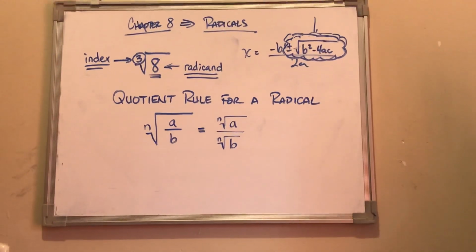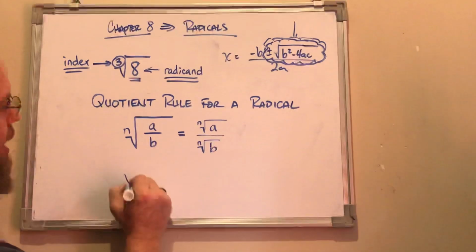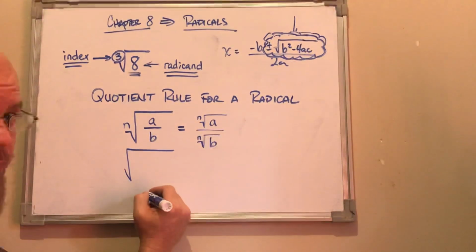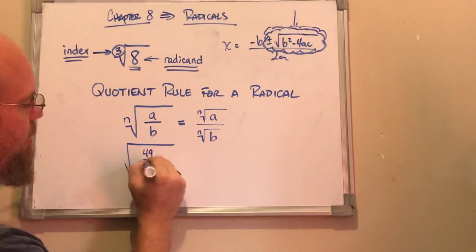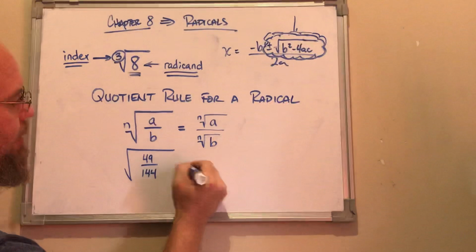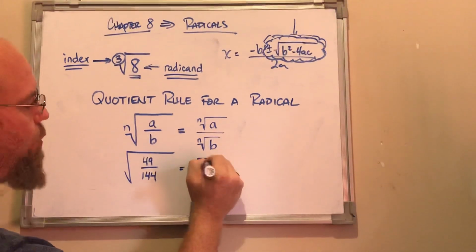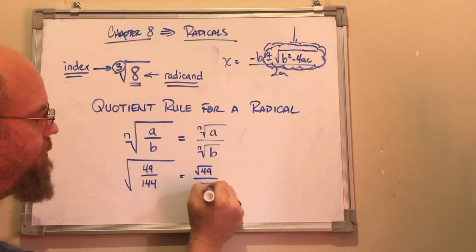Okay? So let's do an example of that. What is the square root of 49 over 144? Well, we can break that up into the square root of 49 over the square root of 144.